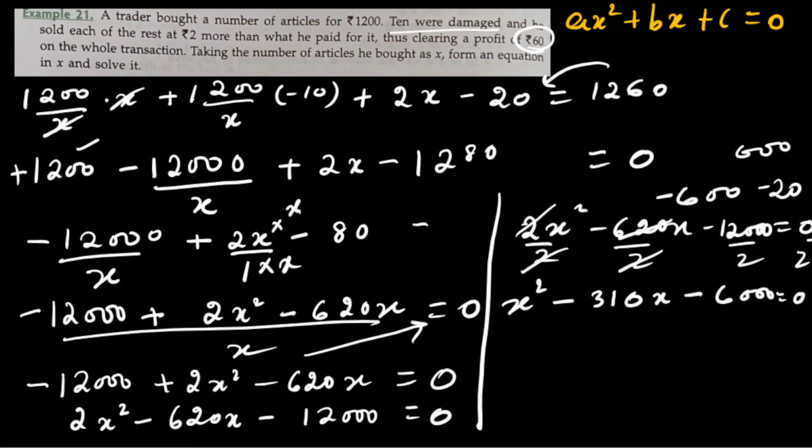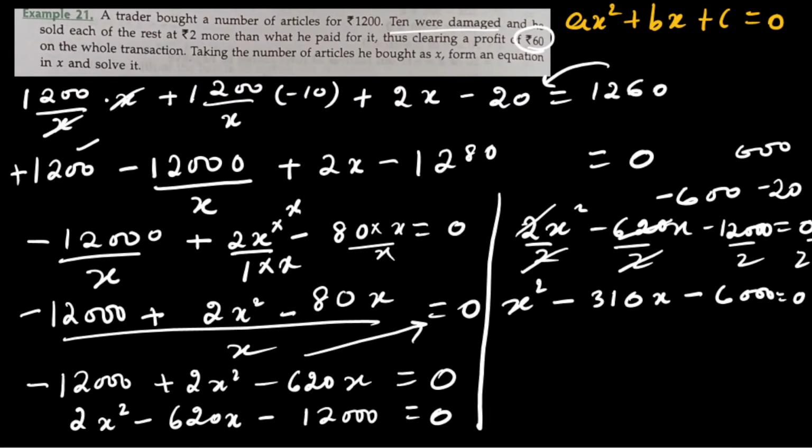Minus 80 is equal to 0. So here we have 80. So 80x, when I multiply this with x, we will get 80x.